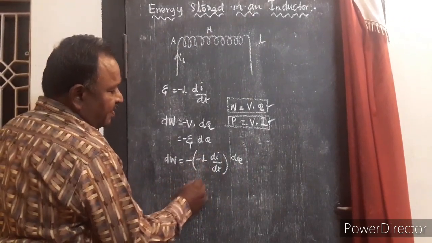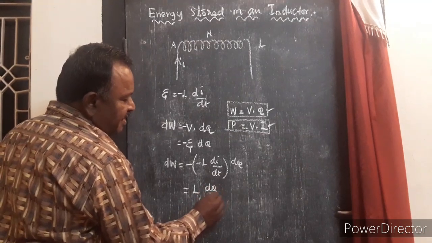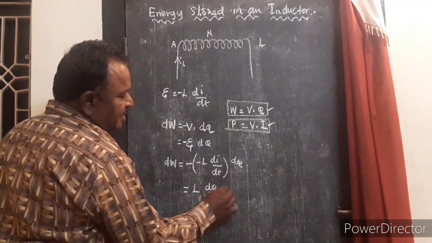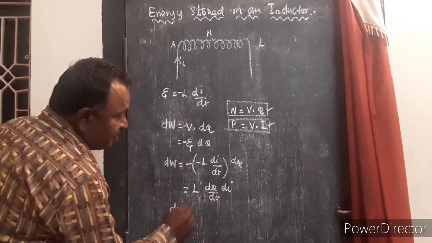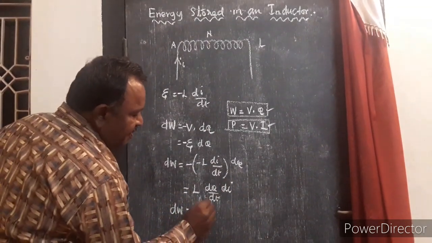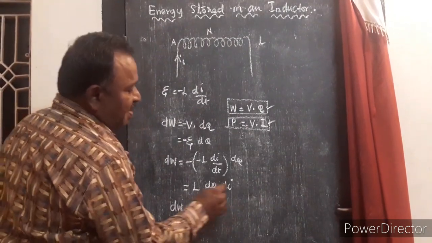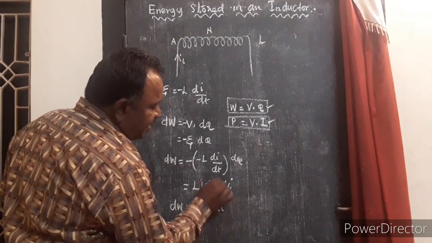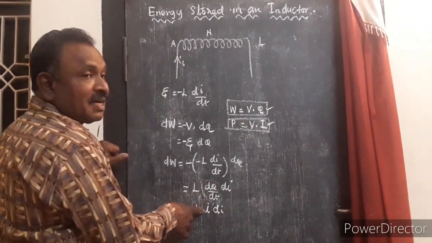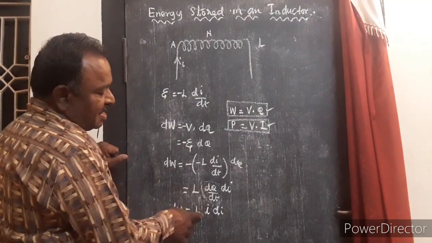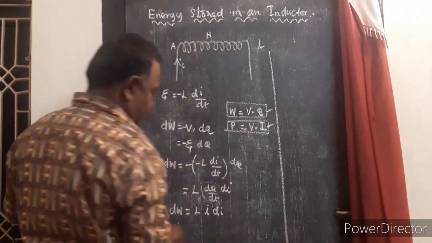This gives L into dq by dt into di. Since the rate of flow of charge dq by dt is the current I, dW is equal to L I into di.